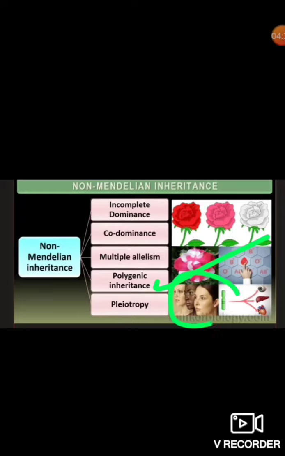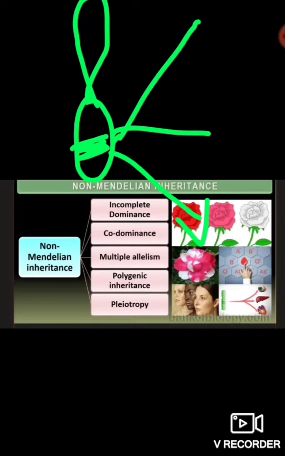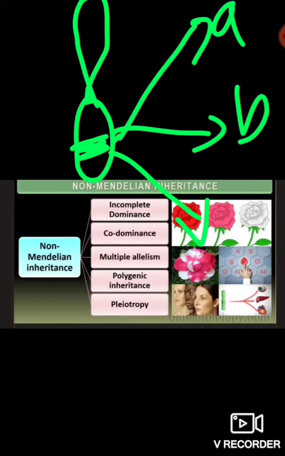So you can see here. The last topic we studied is pleiotropy. Pleiotropy is when a single gene is responsible for showing many different phenotypes.